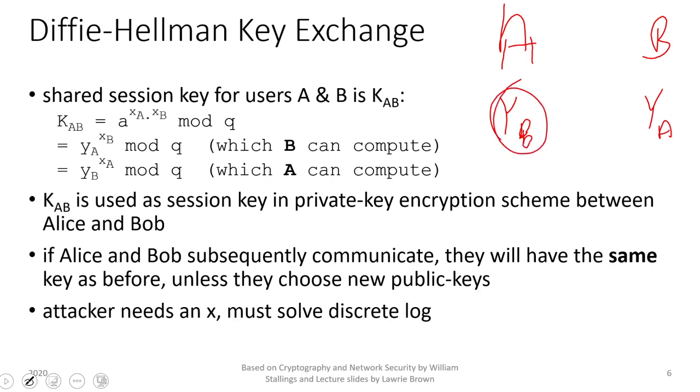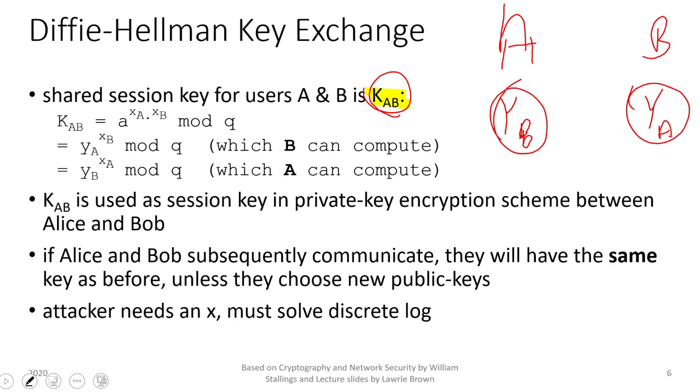Now, using these two keys in conjunction with the information that they already have, they can calculate the shared secret. So that shared secret can be calculated using this information, because we have the same information at both ends.